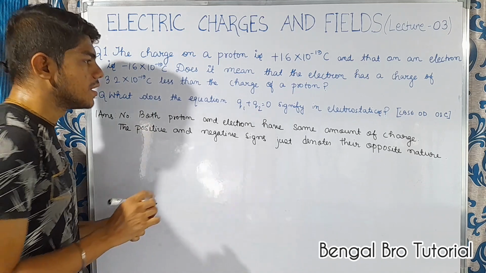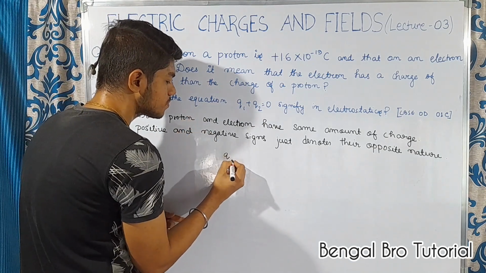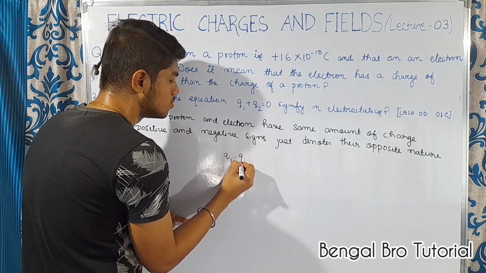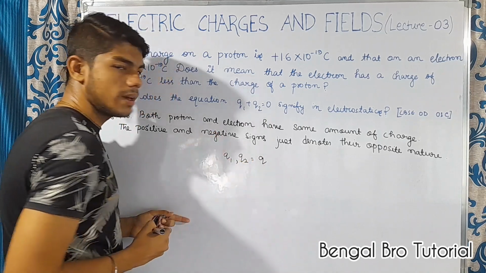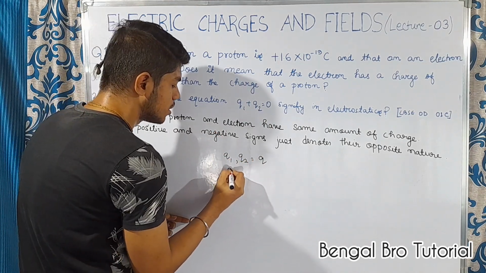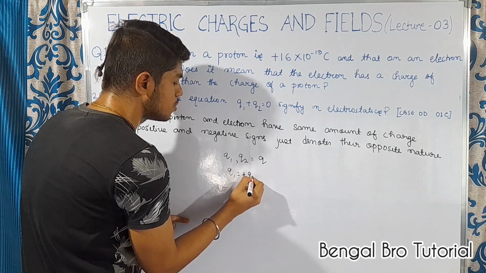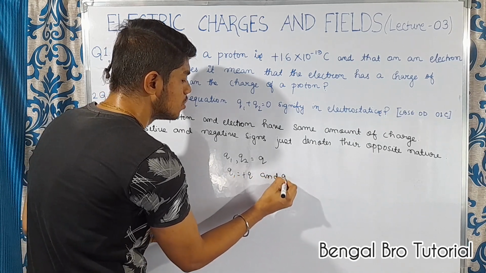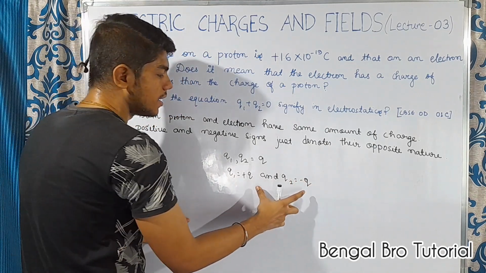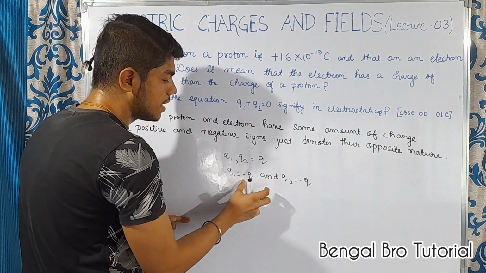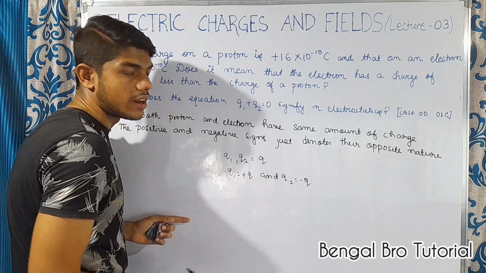For example, Q1 is equal to plus Q and Q2 is equal to minus Q, which means that their magnitude is equal but their charge signs are different.